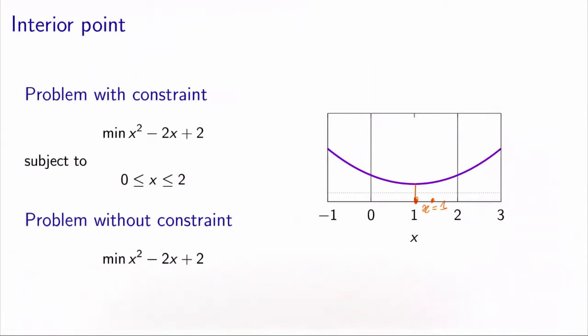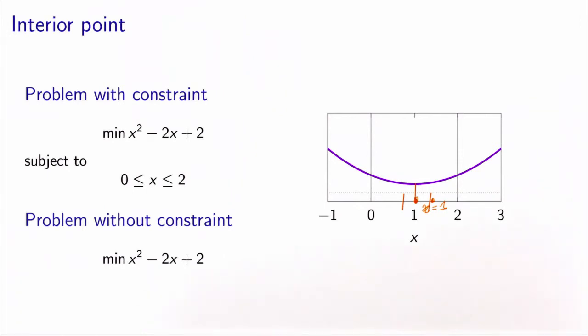The reason is that the point x star, the solution, is an interior point. So what is an interior point? An interior point is a point such that whenever you take an interval around x star, all the points within the interval are feasible. So somehow it means that x star is away from the boundaries of the constraints. We will also say that the constraints are not active.